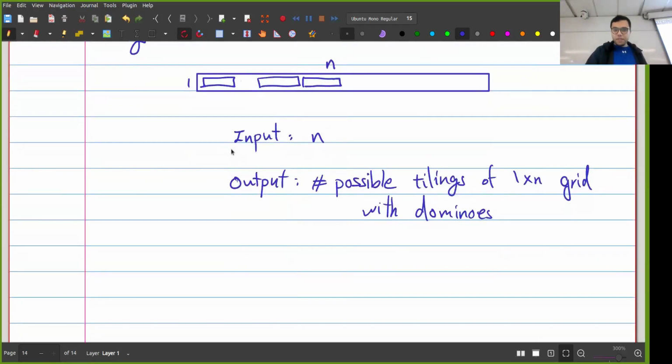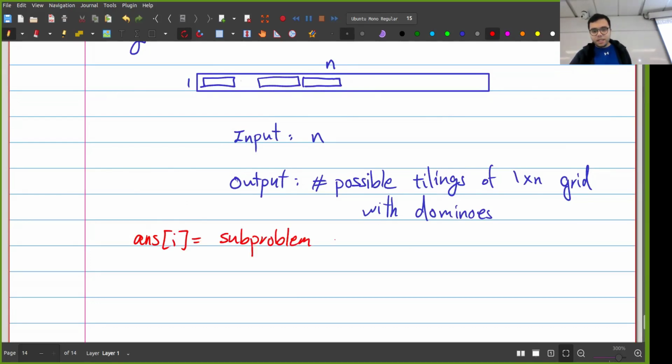Okay. Yeah, well, this is not too hard, right? So it's kind of obvious what my subproblem is going to be. I'm just going to say, suppose instead of 1 by n, it's 1 by I, right? So ans I is just the subproblem on a 1 by I grid.